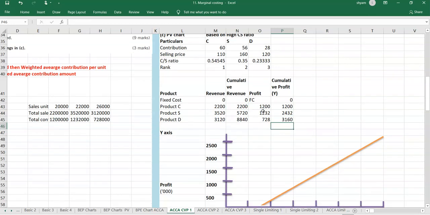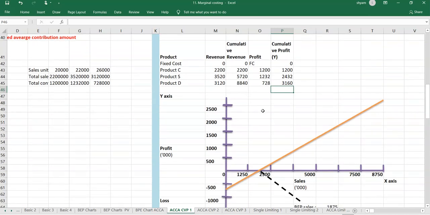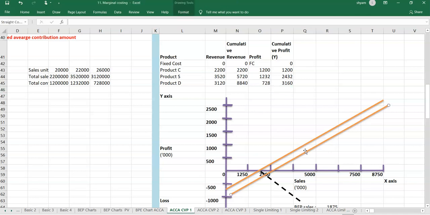So we got the cumulative revenue and cumulative profit. So let's draw the chart. We'll take another color.